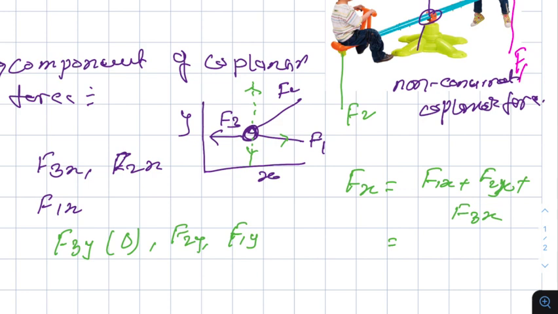This can be written as the summation over i from 1 to 3 of Fix. Similarly, Fy equals the summation over i from 1 to 3 of Fiy. So in this way we calculate the components of individual coplanar forces in different directions.